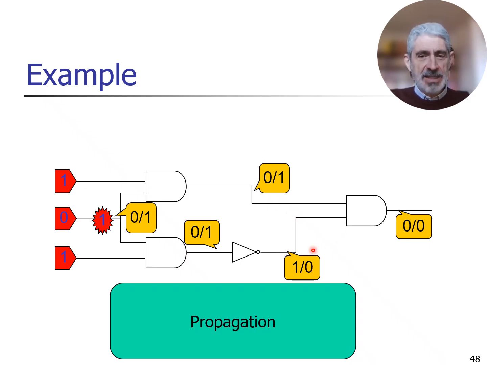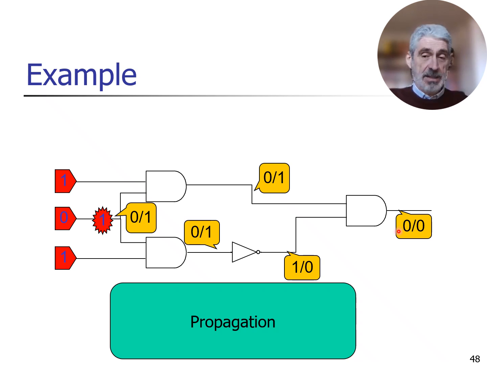Unfortunately, this means that in the good and faulty circuits, the combinations of inputs for the final AND will force the fault effect to disappear, because the 0 and 1 in the good circuit will produce a 0, but the 1 and the 0 in the faulty circuit will also produce a 0. So the fault effect, the error, will disappear on the output.